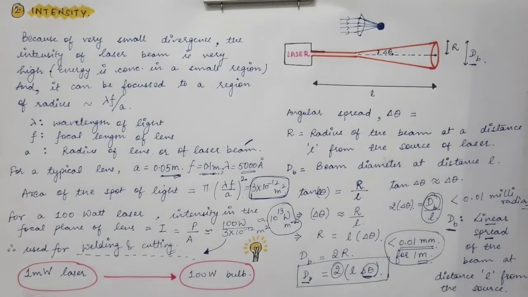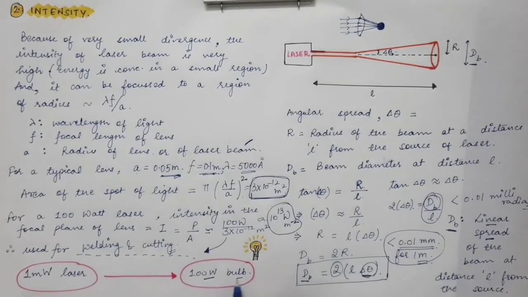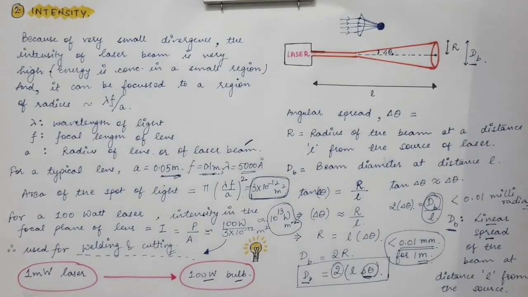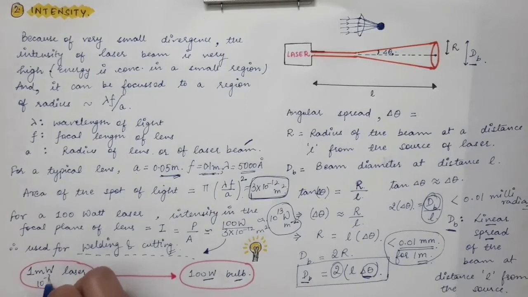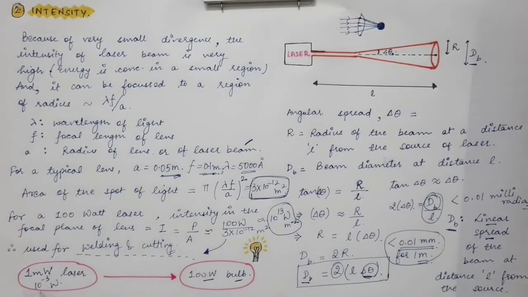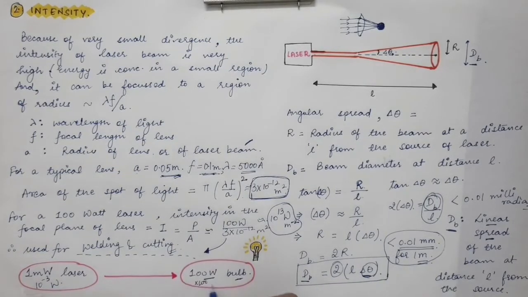Now if you take a 1 milliwatt laser and a 100 watt bulb, the normal bulb that we use at our homes. 1 milliwatt means 10 power minus 3 watt, so it is 1 by 1000 of 1 watt. So the power of this laser is 1 milliwatt and the power of this bulb is 100 watt, which means it is 100 times 1 watt.